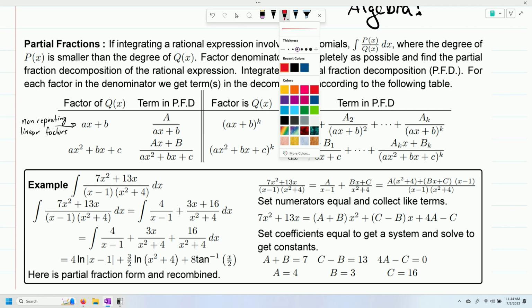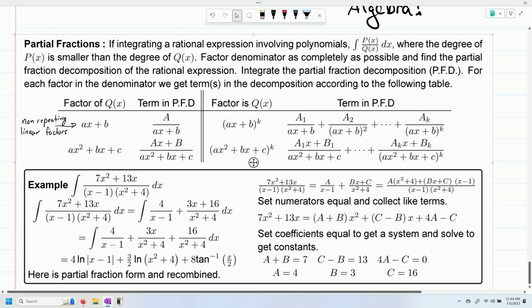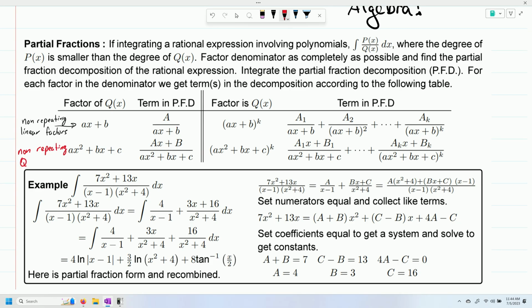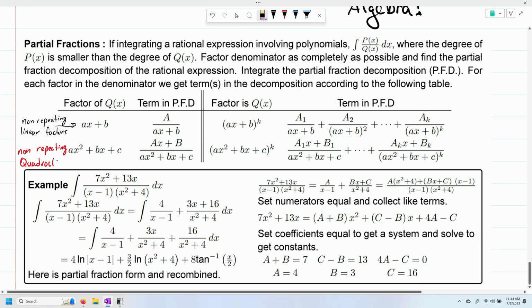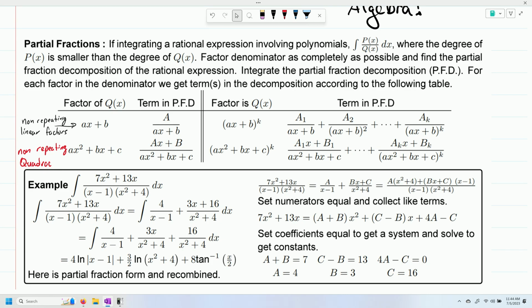All right, we can run into non-repeating quadratic factors.